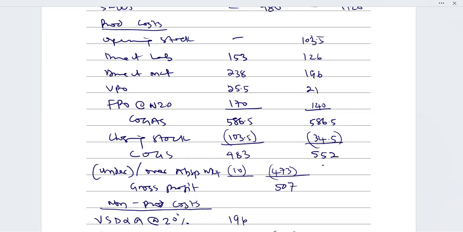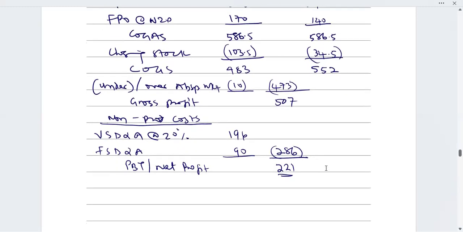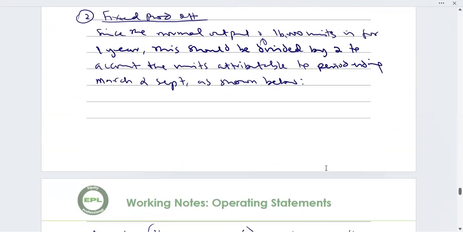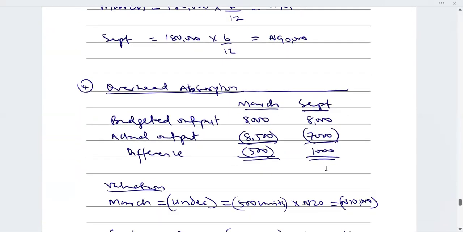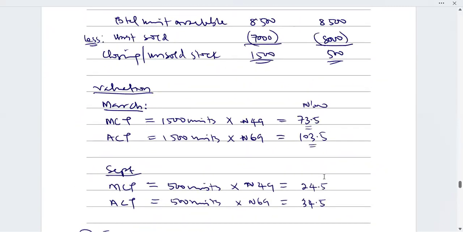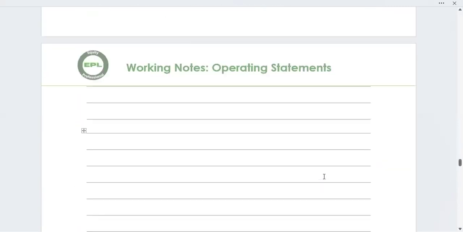Okay. Then we have over absorption. Over absorption of I think it's 140 something. How much is over? 20. Let me confirm. Yes, 20. Thank you. So 20 is the over absorption.